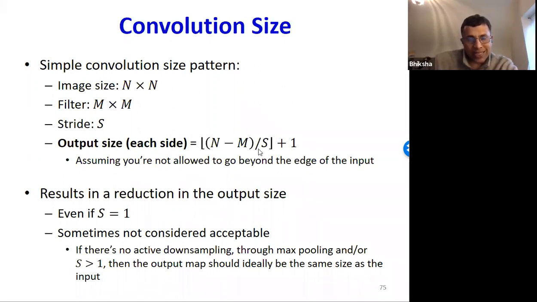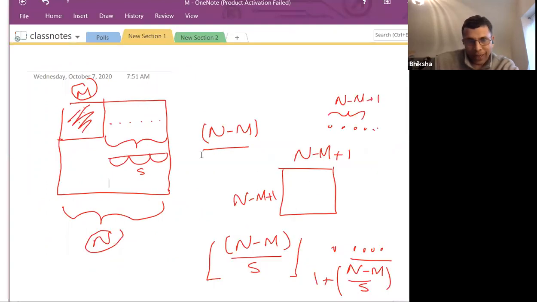Now, if S is greater than 1, clearly this is going to reduce the output size. Even if S is 1, what happens is that when you have S equals 1, the input size was n, the output size was n minus m plus 1.